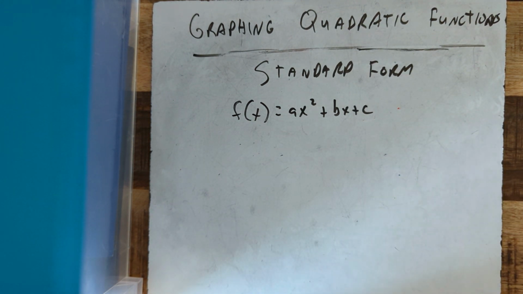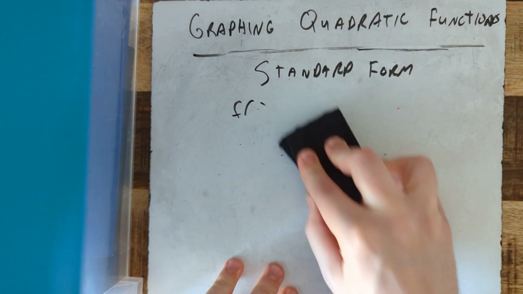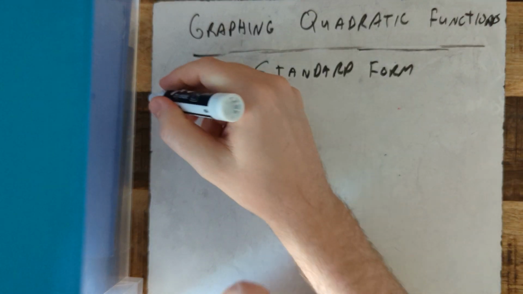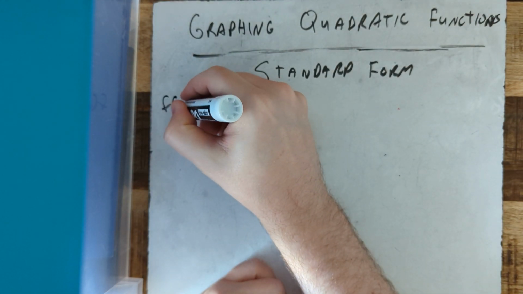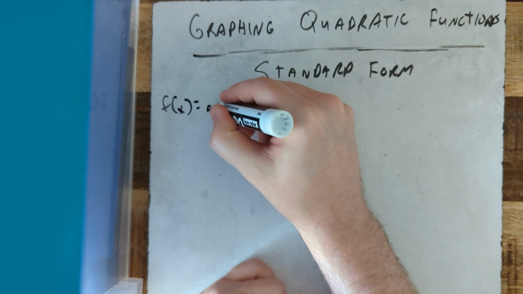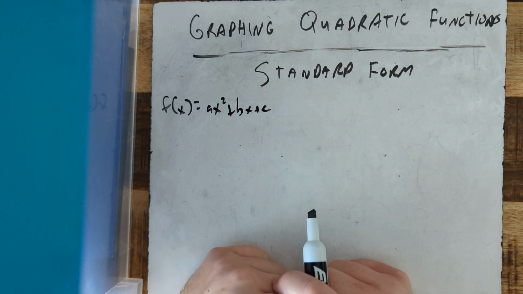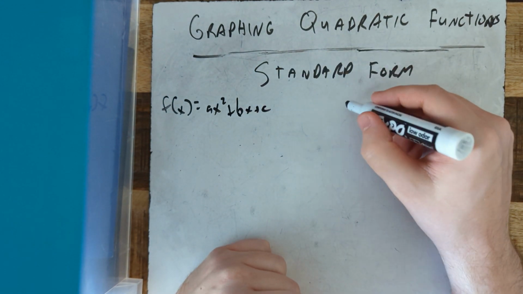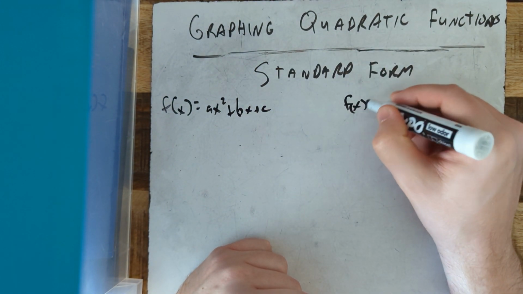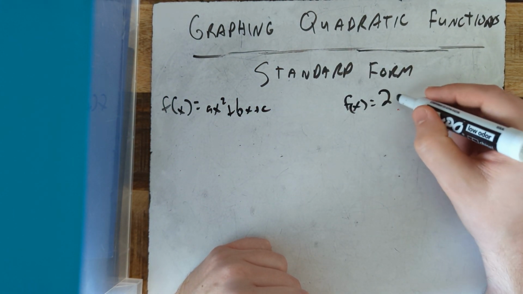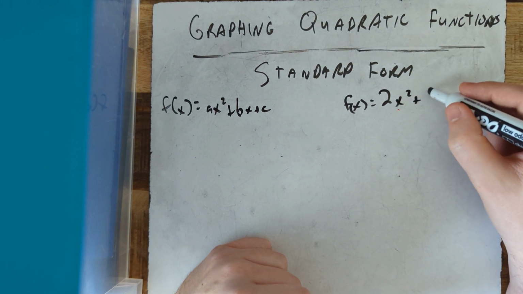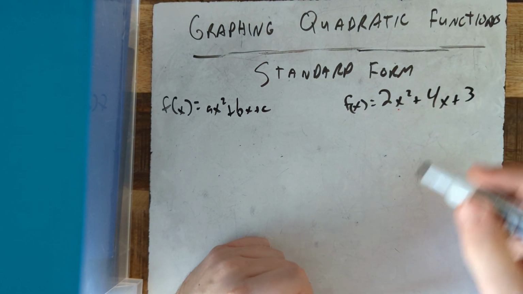So I'm going to rewrite this a little smaller to the side here: ax squared plus bx plus c. So let's use an example. Let's do f of x equals 2x squared plus 4x plus 3.